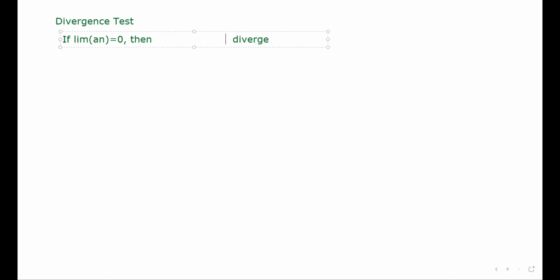And let me leave some more room here. So our limit as n goes to infinity, if I can draw infinity, there we go, does not equal 0. Then our summation of a sub n times x minus x naught to the n power will diverge.